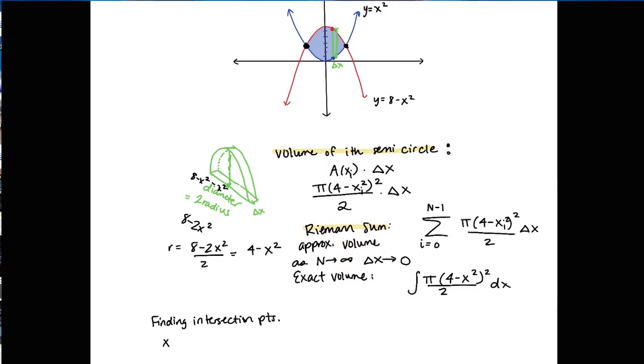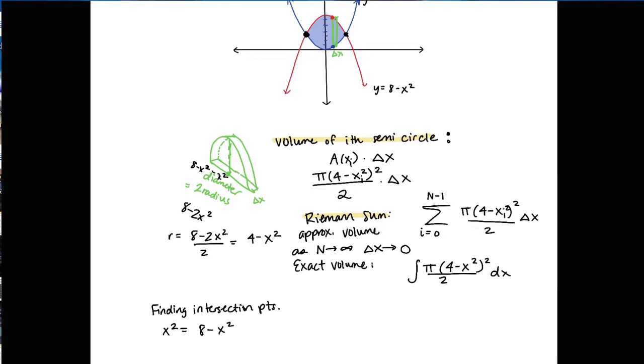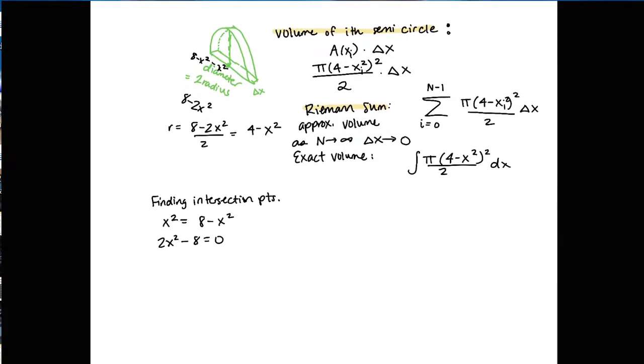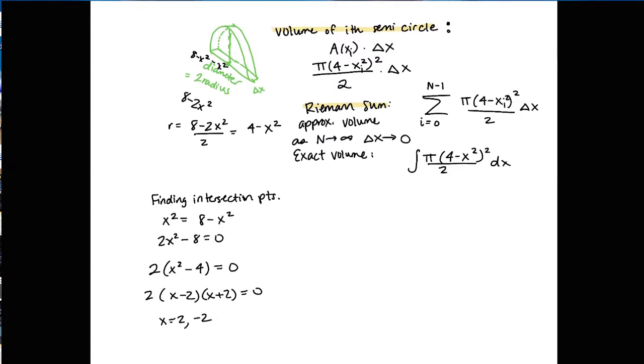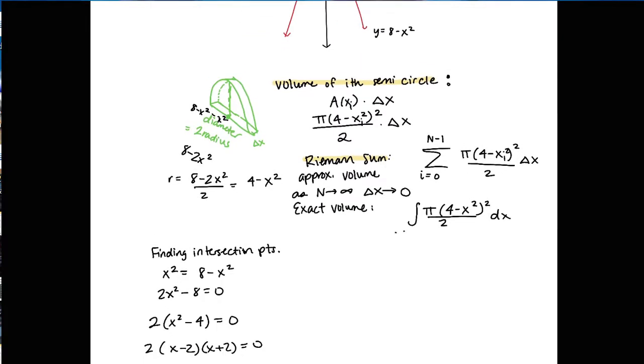So how we do that, remember from previous videos, we go ahead and set our two curves equal to each other, and we get 2x squared minus 8, which ends up being 2 times x squared minus 4, which is 2, x minus 2, x plus 2. So it looks like it's going to intersect at 2 and negative 2. Okay, so we're going to be doing our slices from negative 2 to 2.